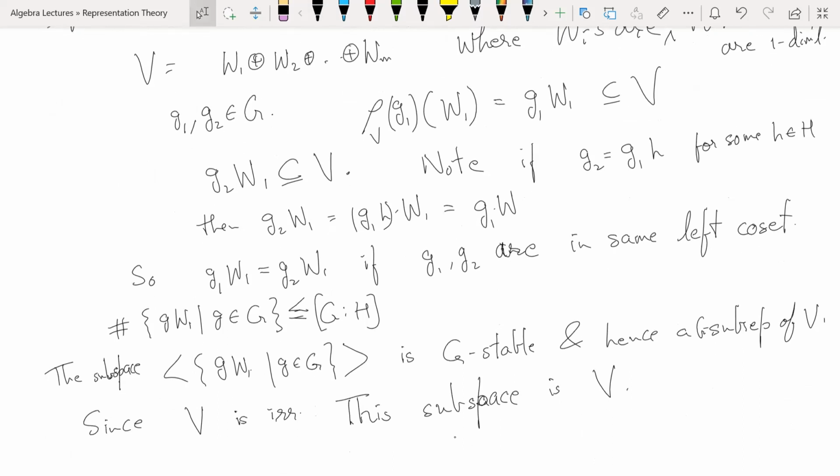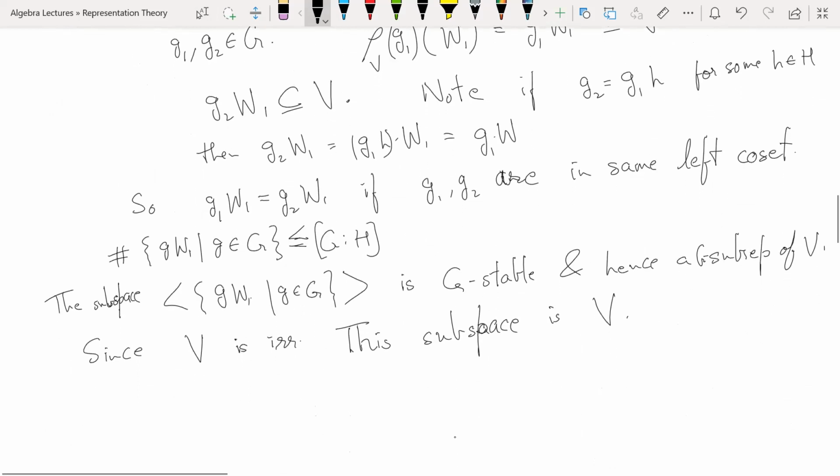So what is the possible dimension of this V? There are G colon H one dimensional subspaces, and together they are trying to generate something. So it can generate at most a G colon H dimensional subspace.